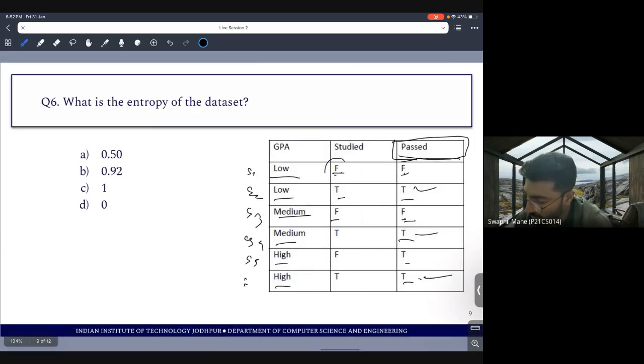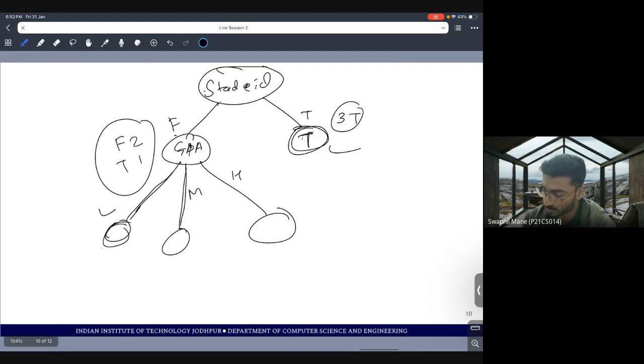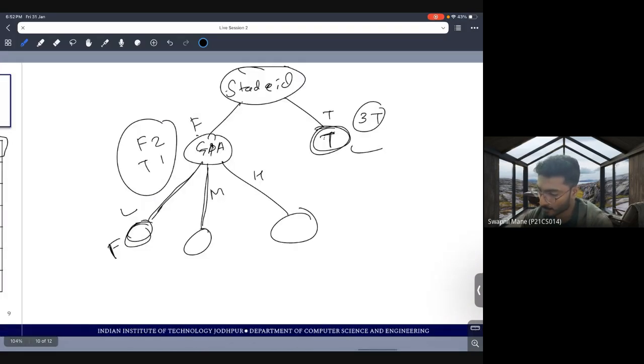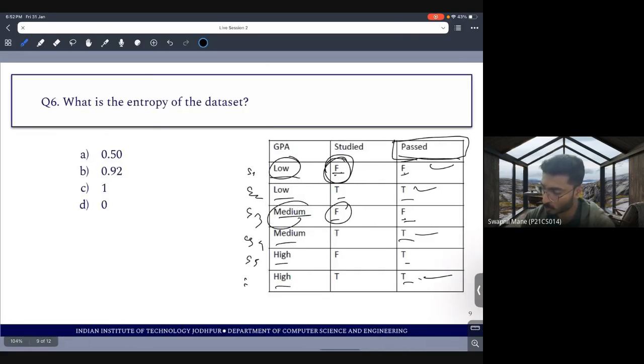Likewise, not studied and low GPA, at that time it is a fail. So one failed. It is low, GPA is low.